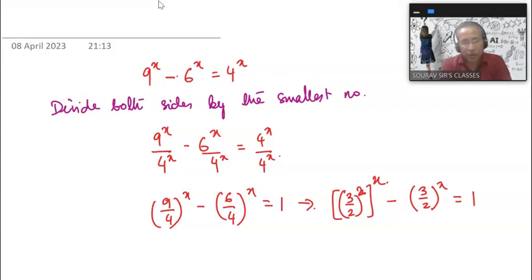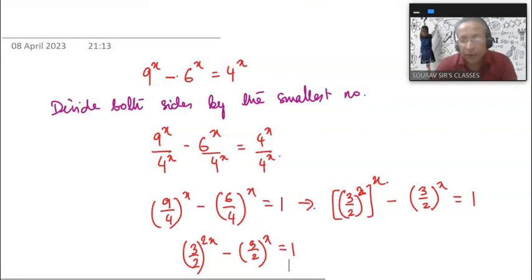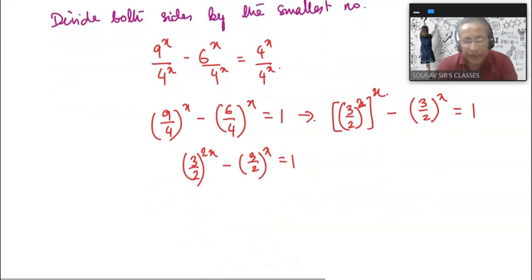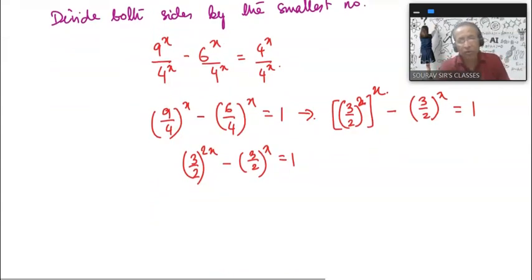So that means you get (3 by 2) to the power 2x minus (3 by 2) to the power x equals 1. So therefore, what you get is a quadratic in (3 by 2) to the power x.